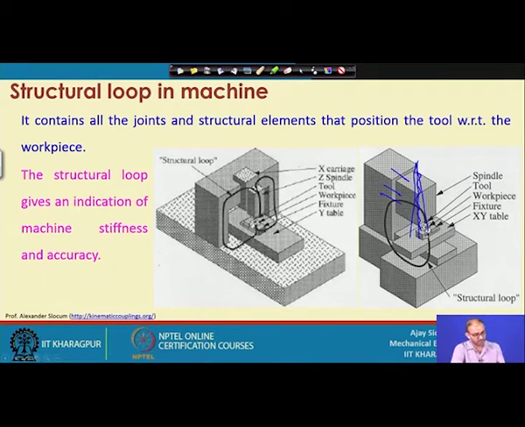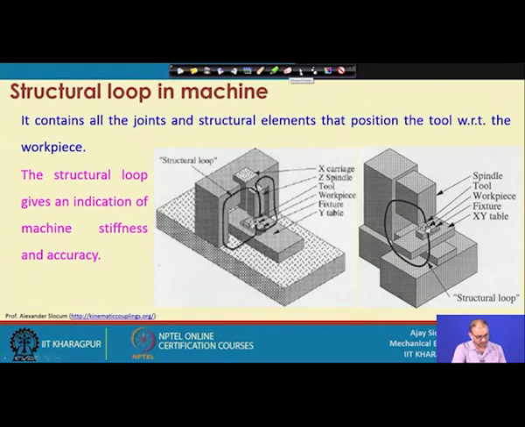We will see the geometric errors later, but in this particular case your stiffness is reduced, because whenever you are working with a loose connection and you are giving a lot of forces here, this loose connection will propagate the vibration throughout the system, and obviously you are not able to get any machining operation with high accuracy, and that is the problem with this type of structures.